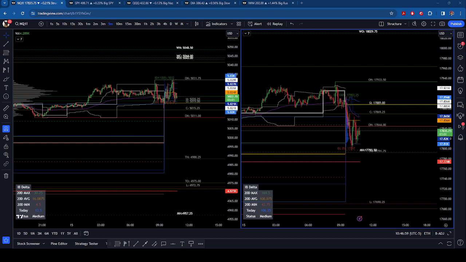So here's an example of something we might do. We might be watching the market and say, you know what? When the IB sets, it looks like if there's no follow through, it tends to just revert back inside the IB.